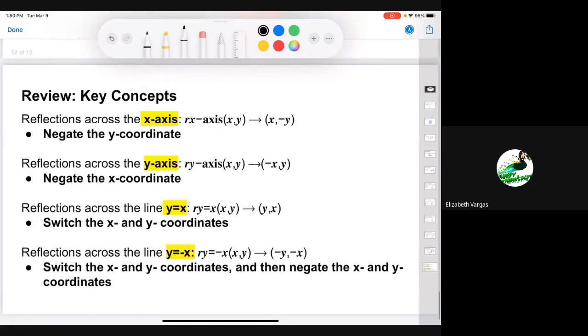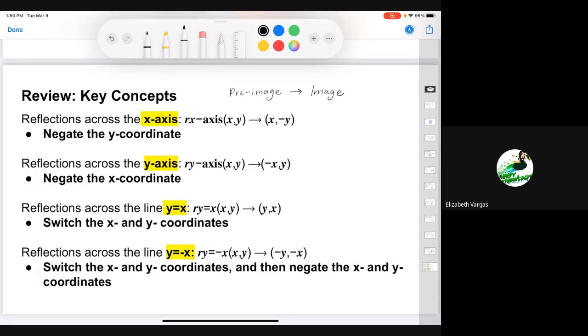So what did we basically go over today? Well, we learned that a reflection is often referred to as a flip in a plane. And what we're looking to do is start with the original coordinates and be able to find the resulting image. So we start with our pre-image coordinates, that before the transformation, and try to find the coordinates of our resulting image after the transformation, which is the reflection.